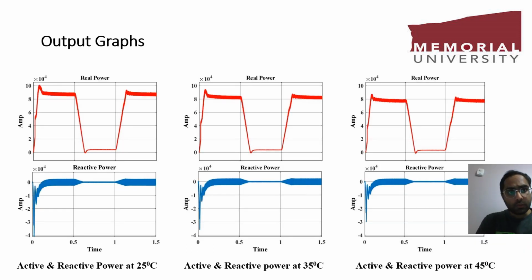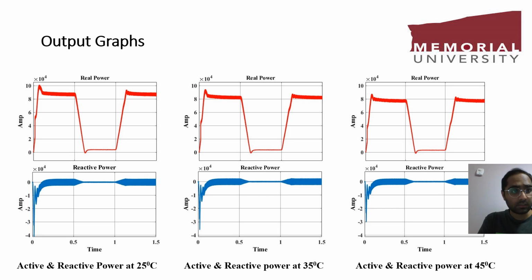Here are the output graphs for the three different temperatures which we just discussed. These are our three different cases and three different inputs, and we got three different outputs for these temperatures. We can see that the maximum power is produced at 25 degrees centigrade.